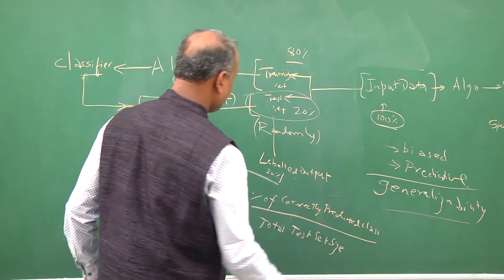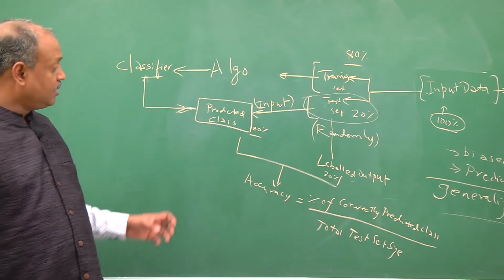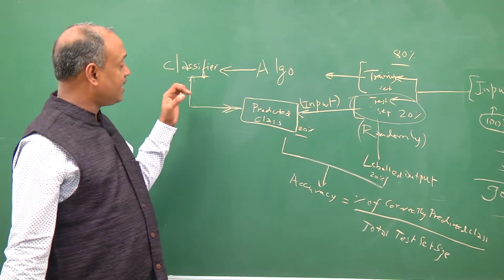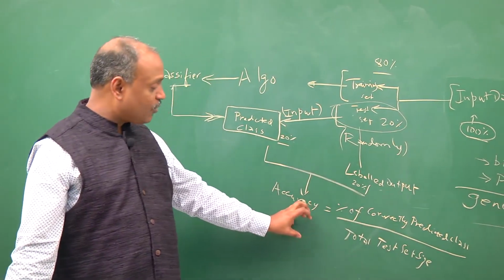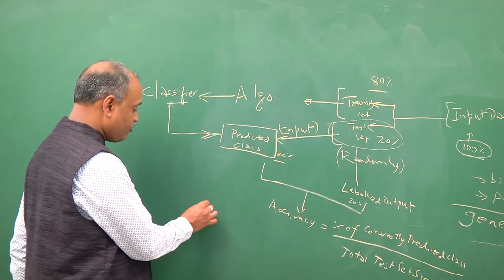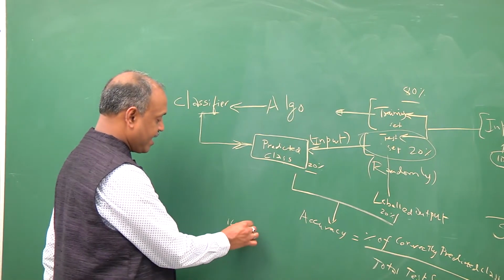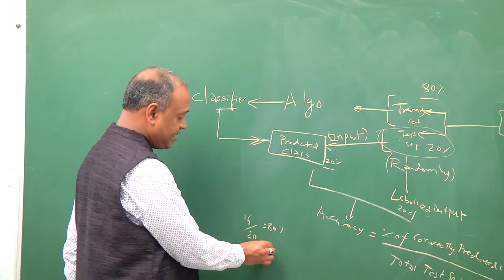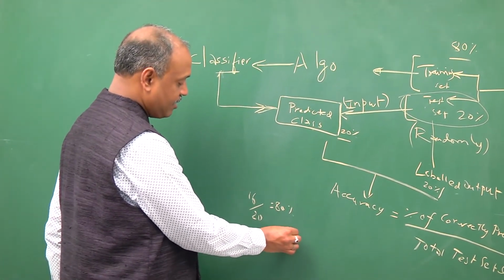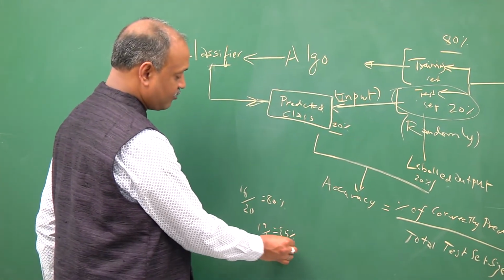So for example, suppose you had 20 instances and you predicted 16 of them correctly, where the predicted class is the same as the original labeled output. So your accuracy becomes 16 out of 20, which is 80%. Same thing, suppose you have 19 out of 20, then you have a 95% accuracy of the model.